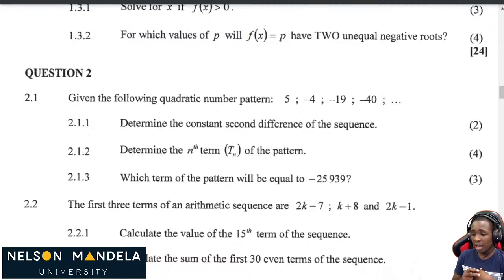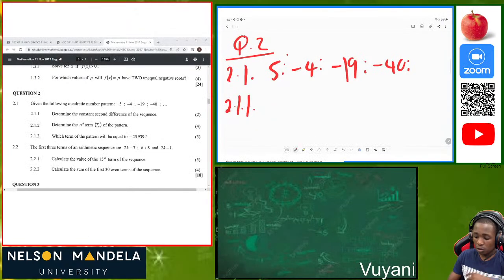So what can we do now? Okay, let's check 2.1. We are given the sequence 5, -4, -19 and -40. Now 2.1.1 is saying, determine the constant second difference of the sequence.